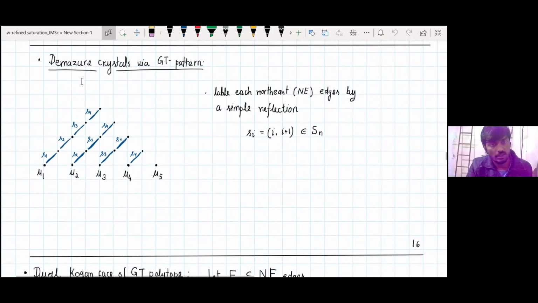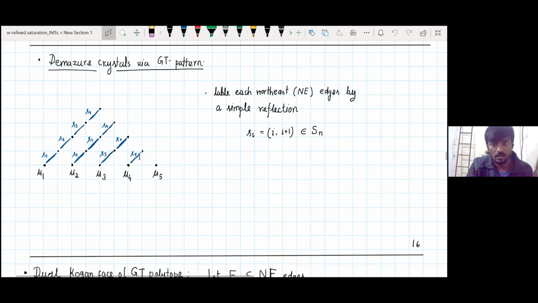So how to do that? For that you take a GT pattern and look at the northeast edges. I have drawn the northeast straight lines. You label each edge. The rule of labeling is S1, then this will be S2, and this is S2, and like this, this side will be S3, and this is S4.